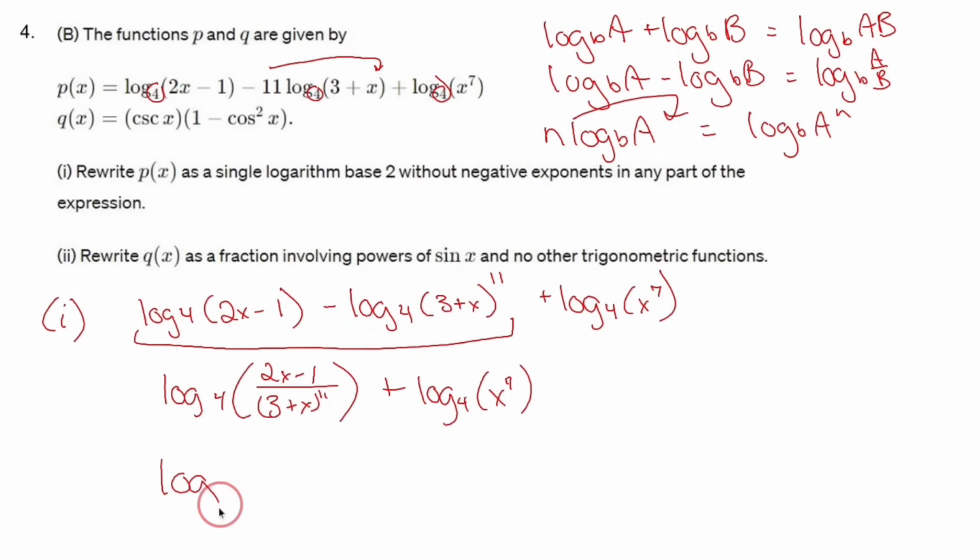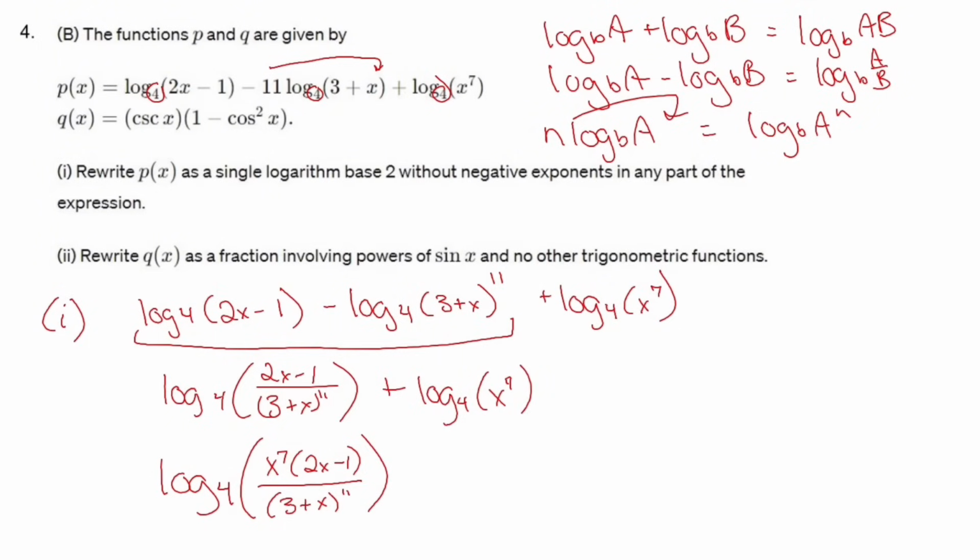My final answer is log base 4 of x to the 7th times the quantity 2x minus 1, over 3 plus x to the 11th. I'm not going to simplify that, but that is a single logarithm.